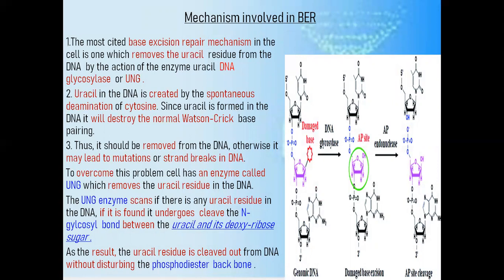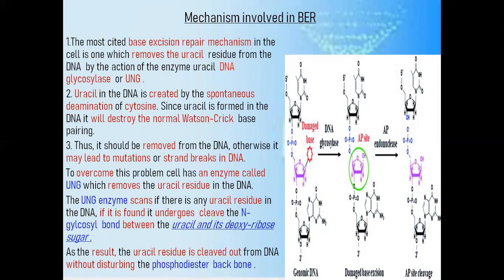Uracil in the DNA is created by the spontaneous deamination of cytosine, and since uracil is formed in the DNA, it will destroy the normal Watson-Crick base pairing. Thus it should be removed from the DNA, otherwise it will lead to mutations or strand breaks in the DNA. To overcome this problem, a cell has an enzyme called UNG which removes the uracil residue in the DNA.